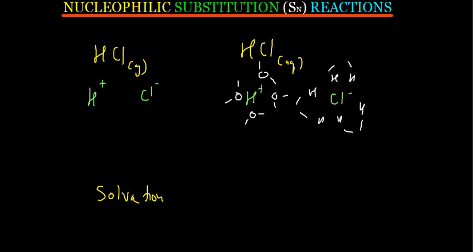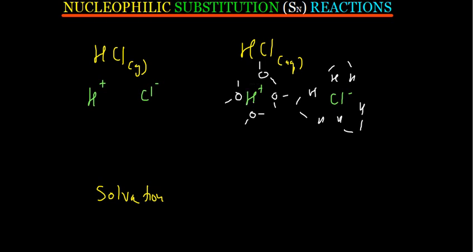And because of this, the ions are going to be stabilized. And remember, anything that stabilizes the ions makes that acid much stronger. So because these two ions are kept away from each other, that means that they can be easily separated. And because of that, this hydrogen will be lost.